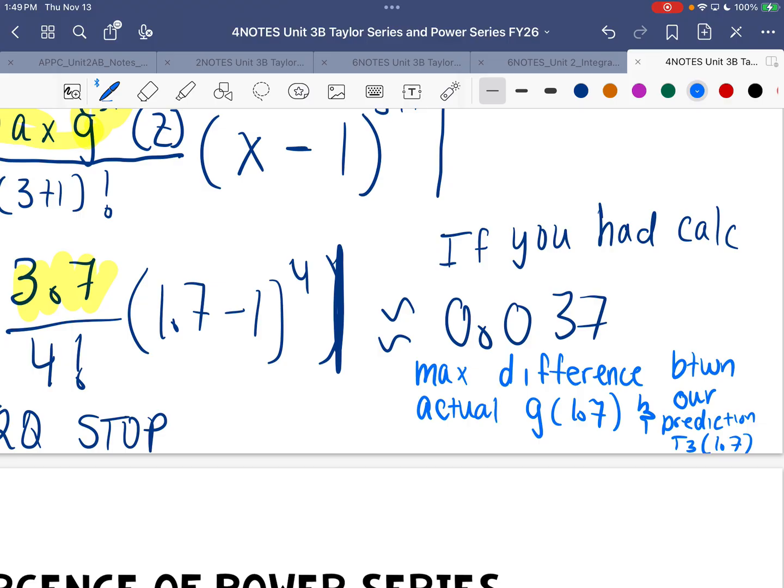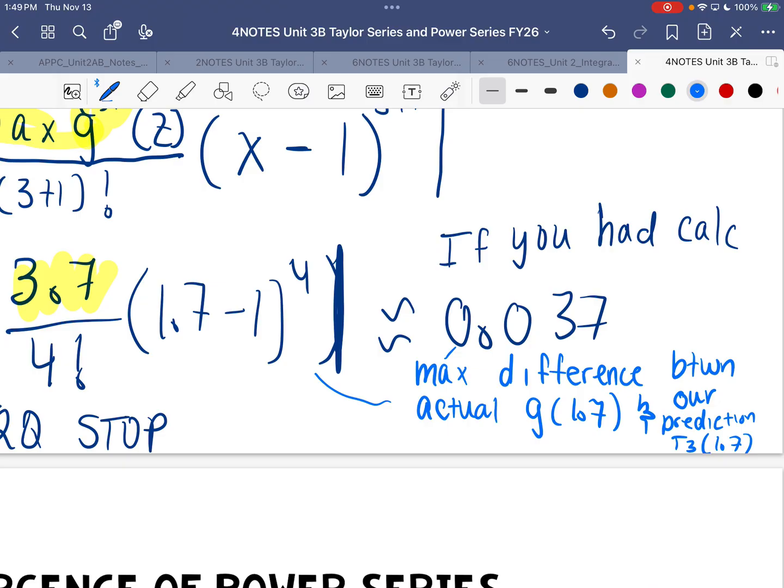We didn't actually have to calculate T3 at 1.7. We didn't even know what g was. We didn't know enough information to get the polynomial, but how close our estimate was to the actual value was within 0.037 of accuracy. Not that good, but we're only accurate to like 1 decimal point. Womp womp.